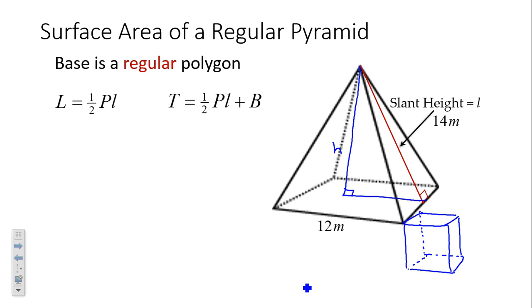Rectangles, right? The bases are squares, but the faces are rectangles. So we take the perimeter of the base times the height to get all 4 of those rectangles. But now we're taking the perimeter of the base times the slant height, so we're getting triangles instead.